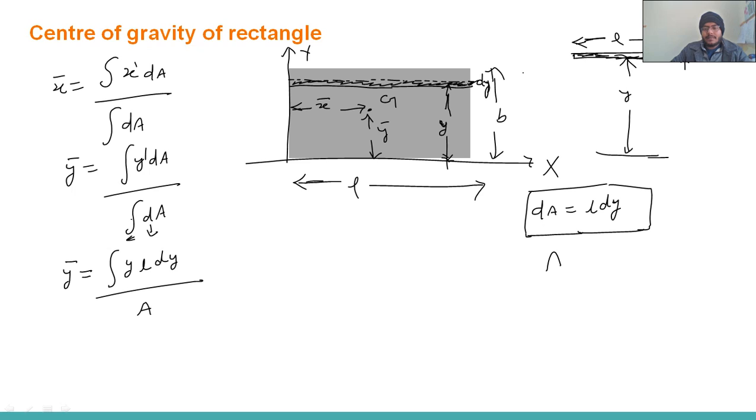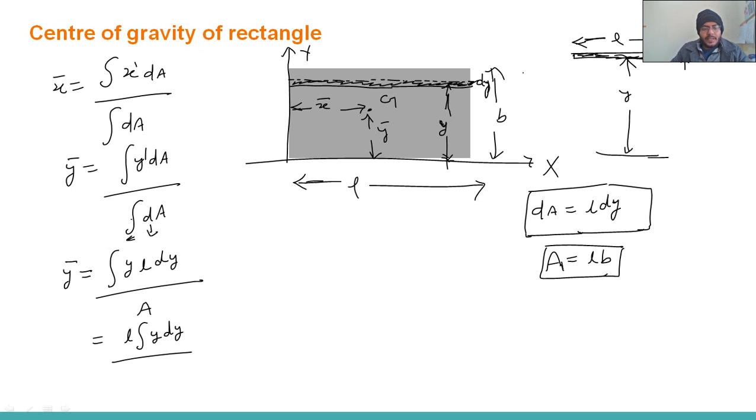And what is A here? What is the area of a rectangle? Length into width, so L into B. This is the total area. Now in the integration, L is constant, so we will take it outside: L integration of y dy.